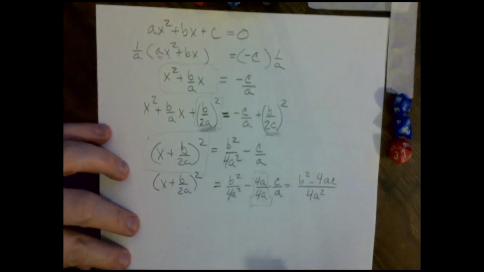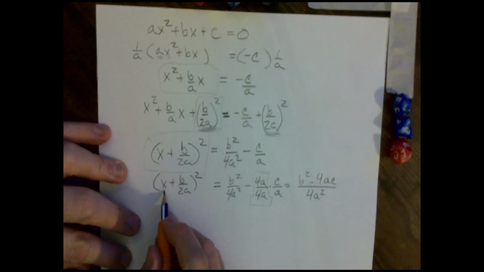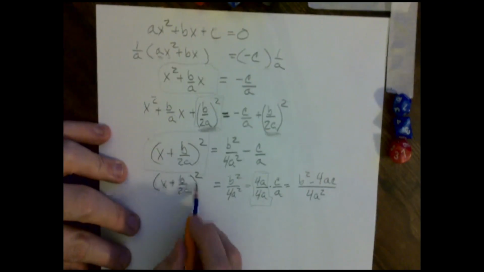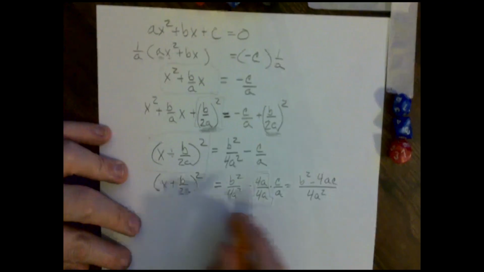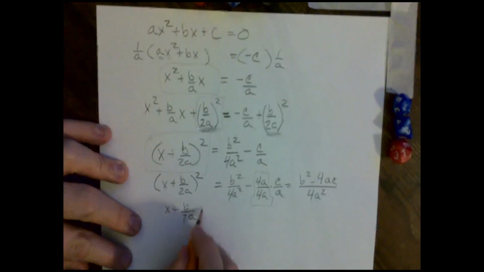So then, from here, we want to solve for x. So we've got to get it out of these parentheses. So we'll just square root each side. We have x plus b over 2a on this side.